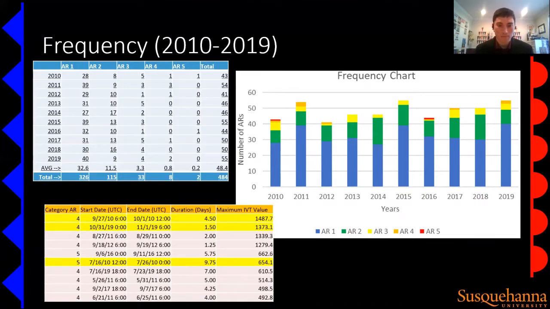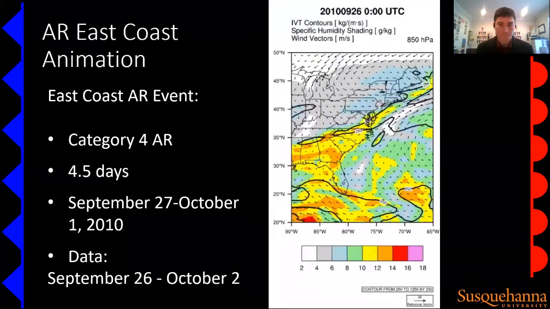The second one is the shortest long-duration AR, but it happens during the colder months, October and November. And the last one is an AR5 because of its almost 10-day duration during the month of July.